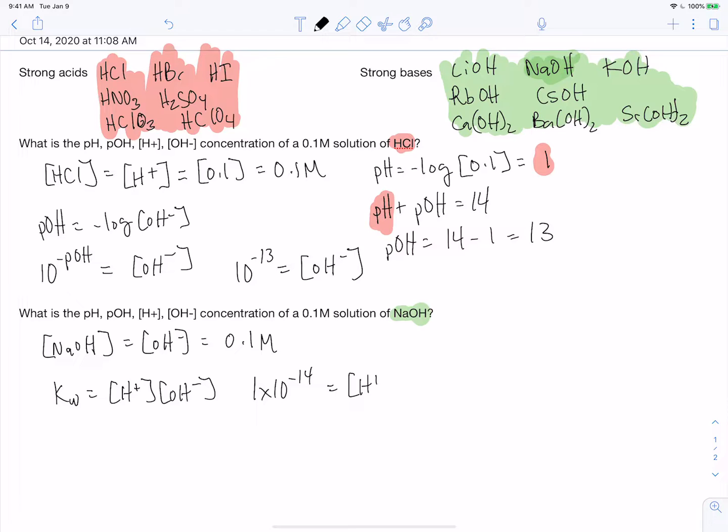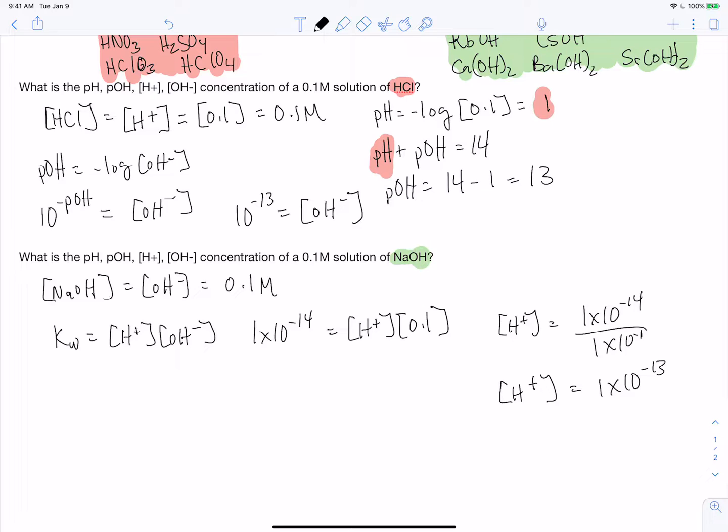And so that's going to be equal to H plus times OH minus concentration, which is given as 0.1. And so H plus is just equal to 1 times 10 to the minus 14th divided by 1 times 10 to the minus 1. And so H plus is equal to 1 times 10 to the minus 13th.